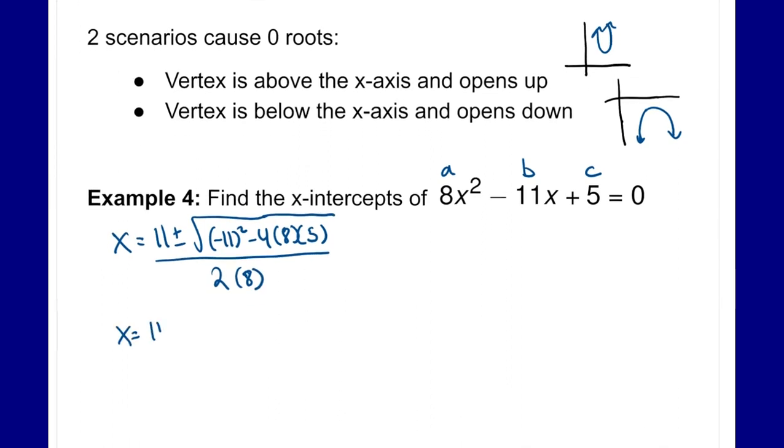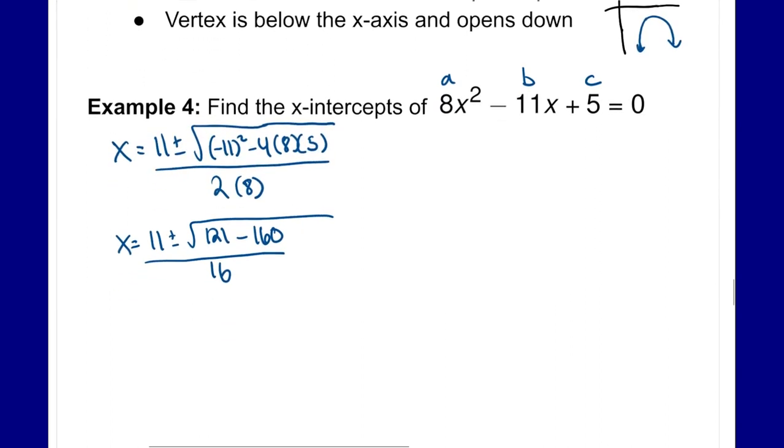X is equal to 11 plus or minus the square root of 121 minus 160, divided by 16. And when we simplify a little bit further, 11 plus or minus the square root of -39, divided by 16.